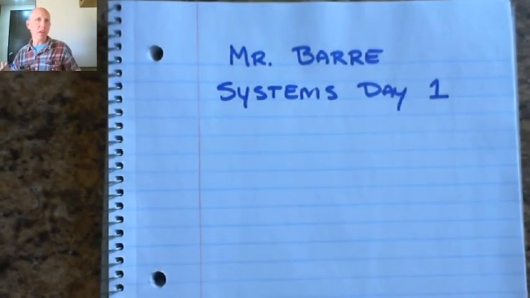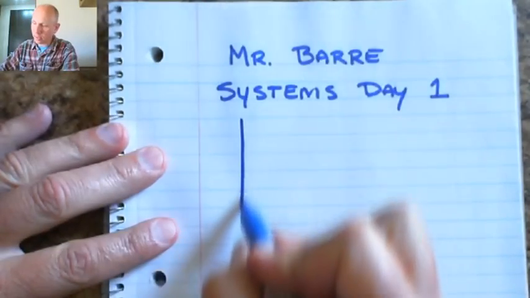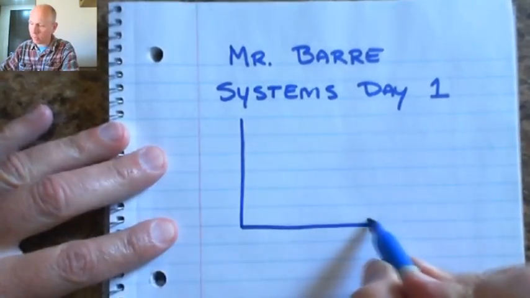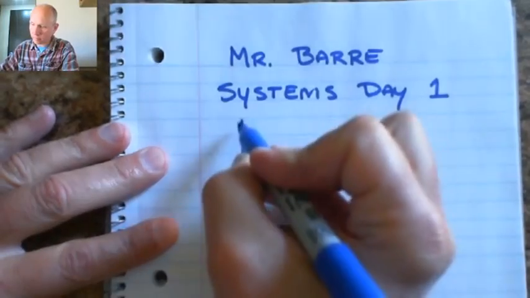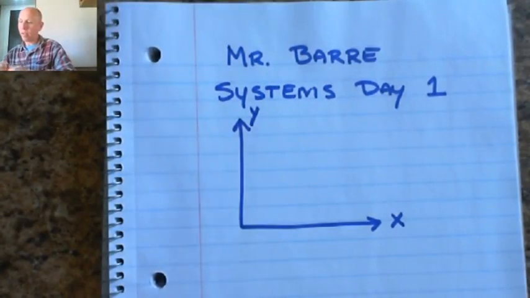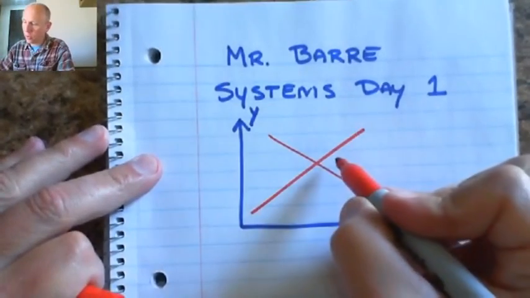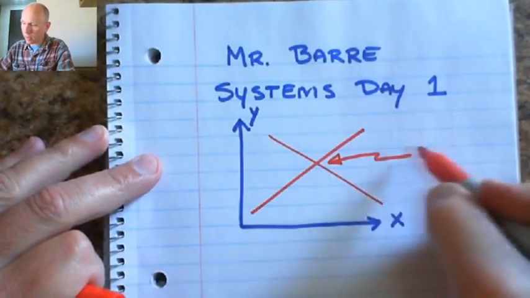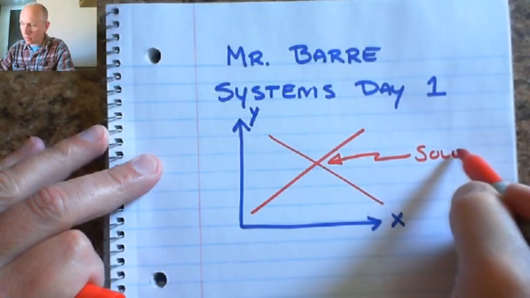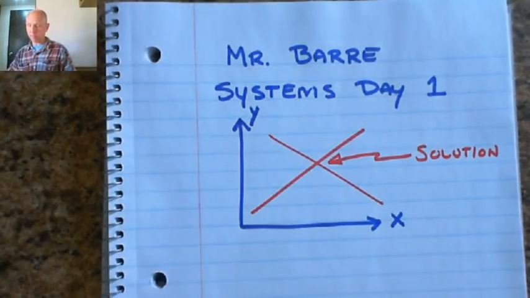We've already talked about systems. We know that a system is two lines on the same coordinate system. So if I have a coordinate system and I have a line on it and a line on it, the solution is where those two lines cross.